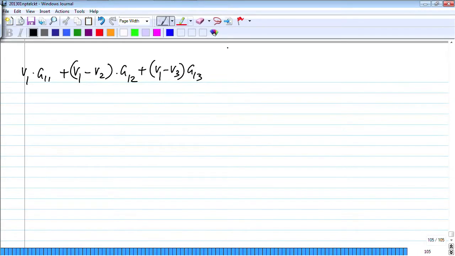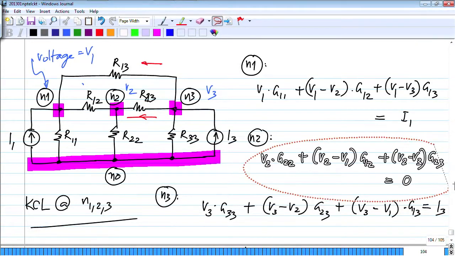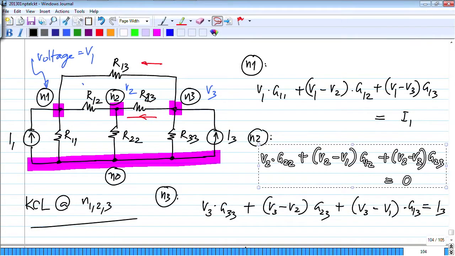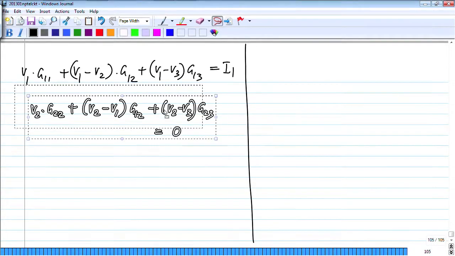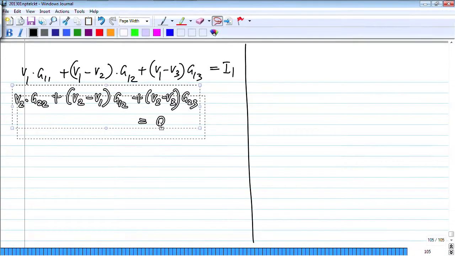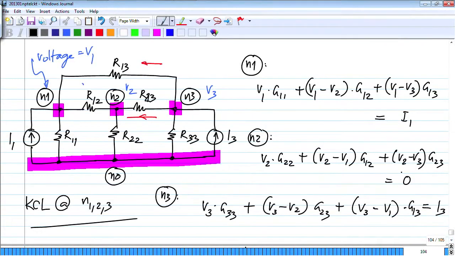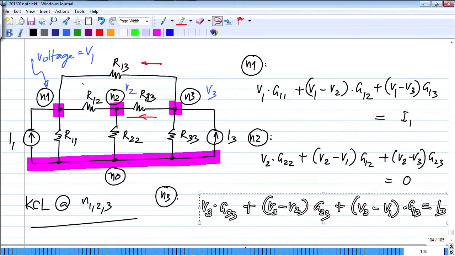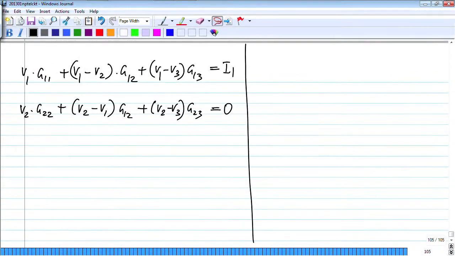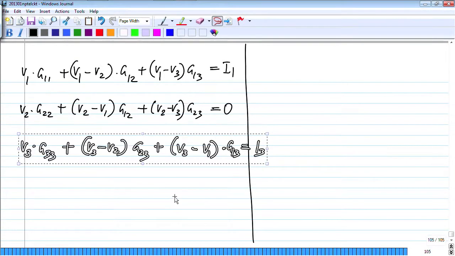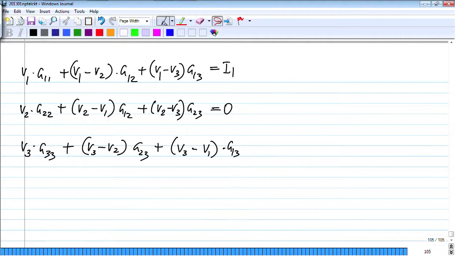So this is one of the equations. This is the other equation. And finally, this is the third equation. Okay.